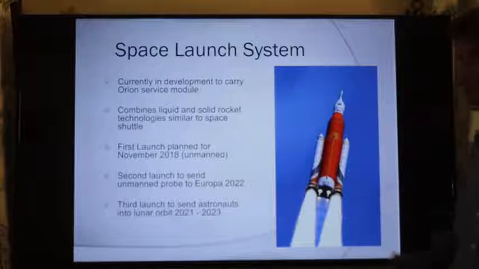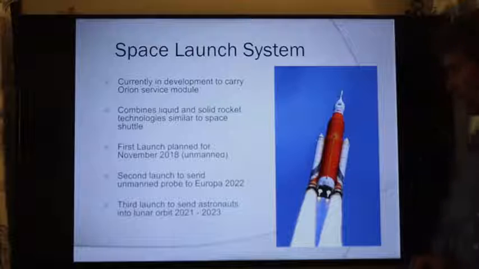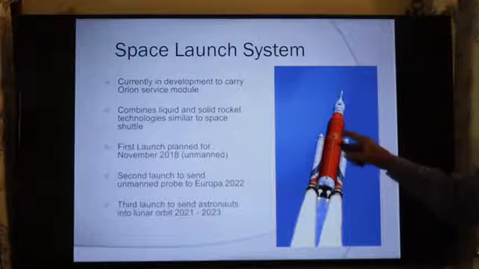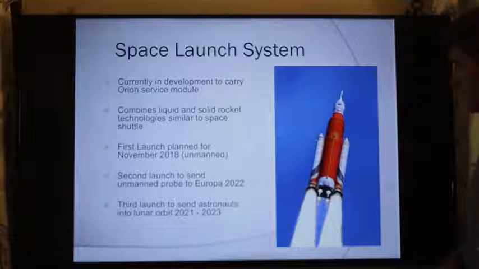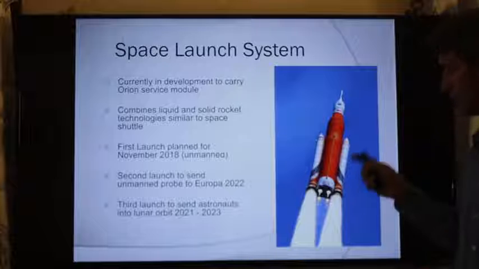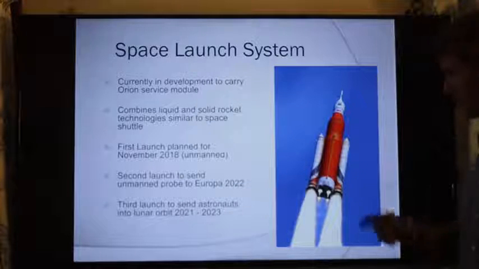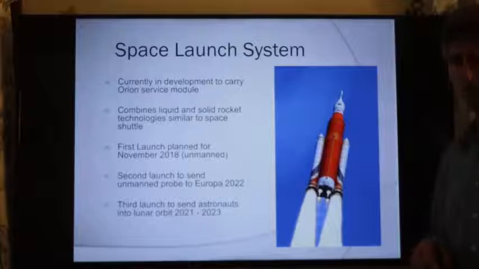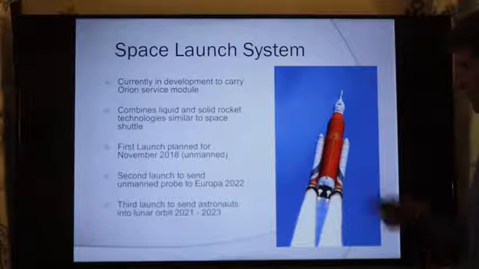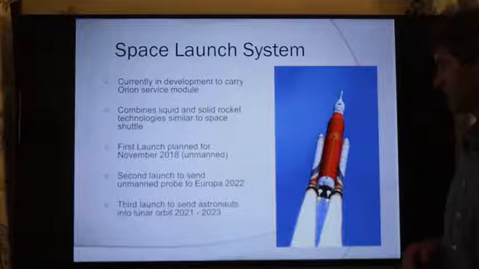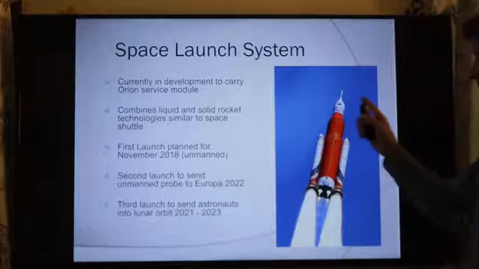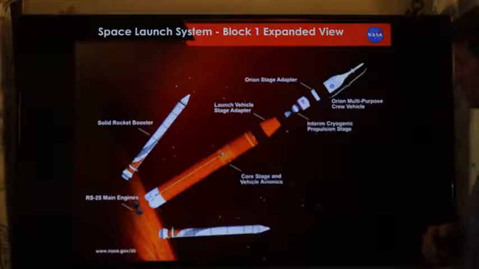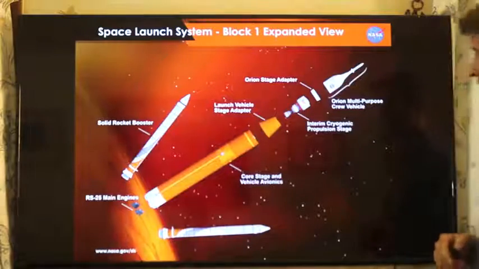Down here, you have the 4 engines attached. And again, this, as it is originally configured, will not be reusable. Once these engines are used, they will fall into the ocean with the rest of it and not be recovered. The Orion capsule is reusable, however. And here's another schematic.